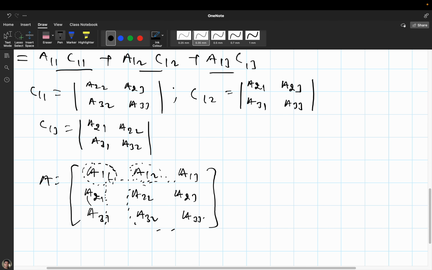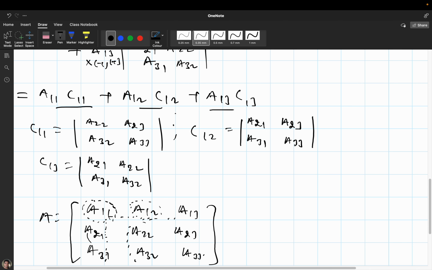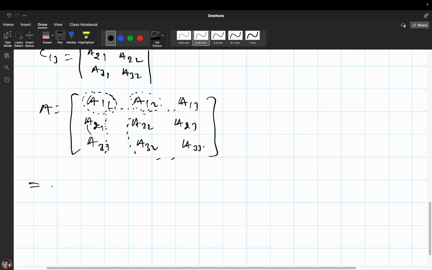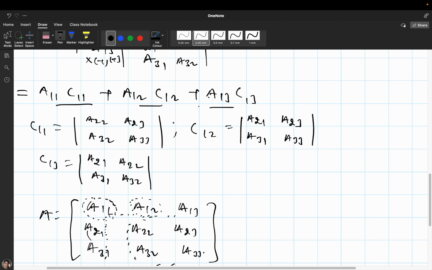So now the thing is, I cannot write only like this. There are many ways. If you take the common form like this, A11 C11 plus A21 C21 plus A31 C31, this is also exactly the same as this.